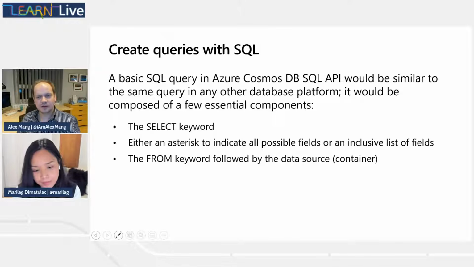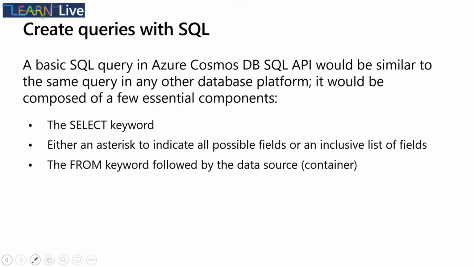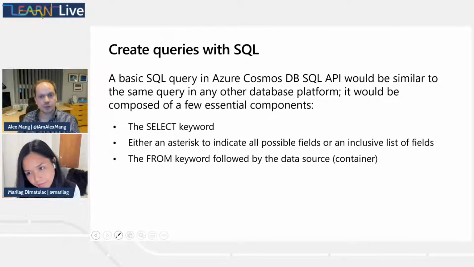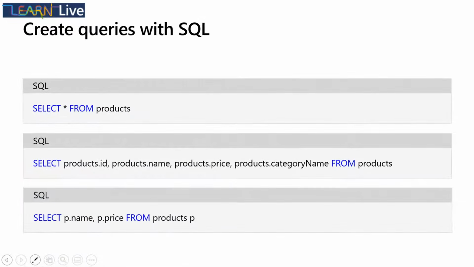Probably the easiest is to start with the select, because every single query should have a few essential components: the select keyword, followed by the list of fields that we're trying to retrieve, or even an asterisk, which everyone knows is just saying, get me everything, all the attributes; followed by the from keyword, which indicates which container, our data source, we are actually querying; and then followed by potentially a list of optional joins, filters, predicates, and whatnot.